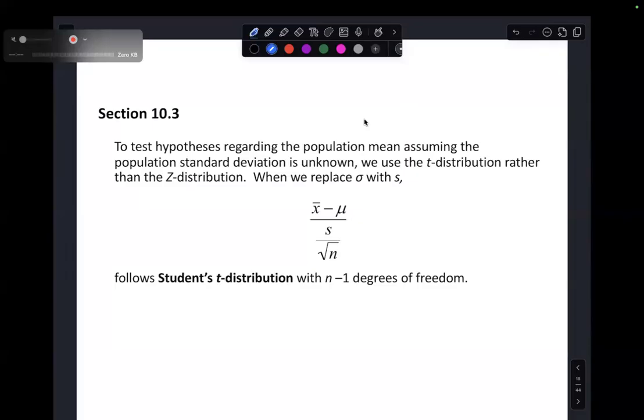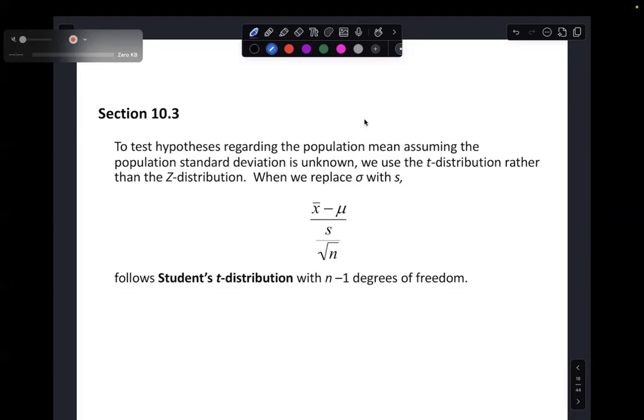All right. I know some of you struggled a little bit with the t values, so it's probably a good thing that we are revisiting t values. When we are using the t values with the mean, we have to use the calculator for the p-value.